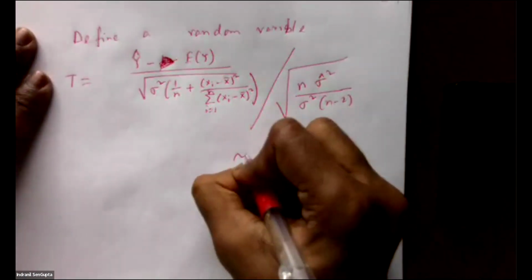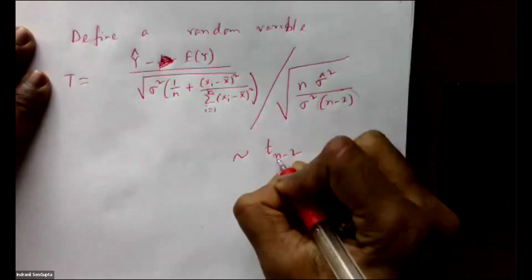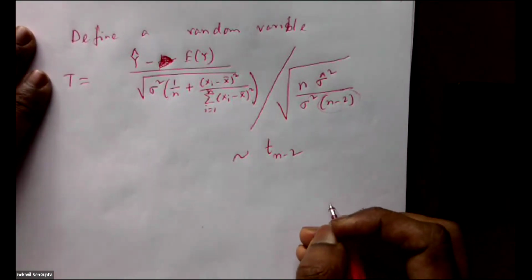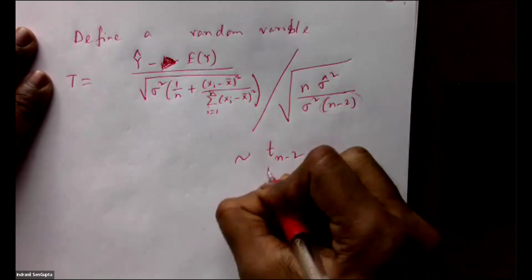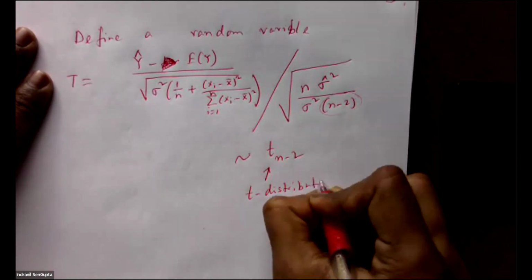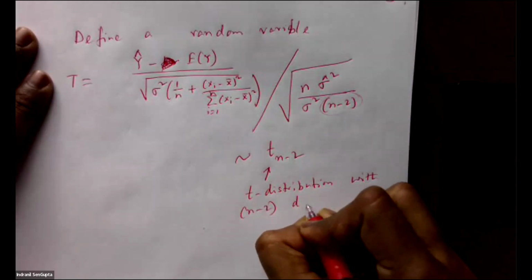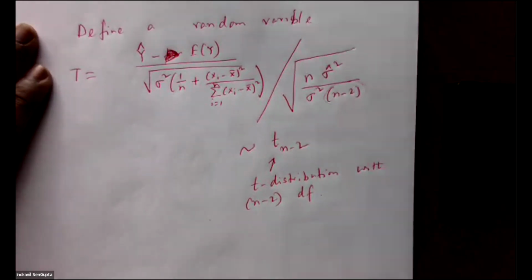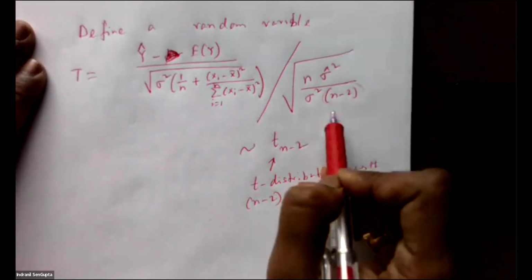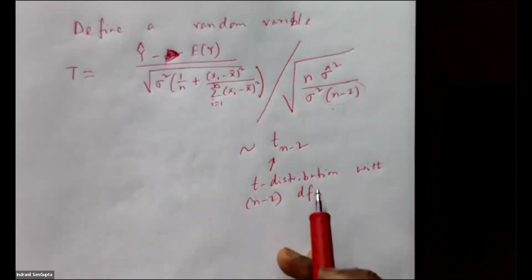Then we know that it follows a t distribution with n minus 2 degrees of freedom. Standard normal over the square root of the chi-squared over degrees of freedom, and they're independent, so that has to be a t distribution.